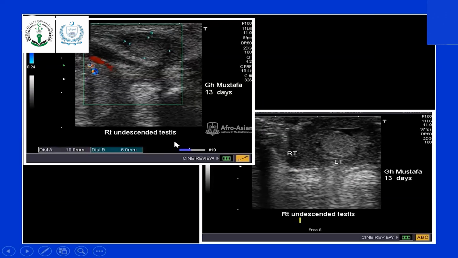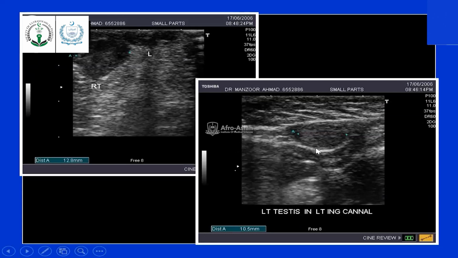Here is a 13-day-old child with a right undescended testicle. This is the right undescended testicle; the left testicle is seen, and the right is not visible in the scrotum, whereas it is lying above, near the pubis.